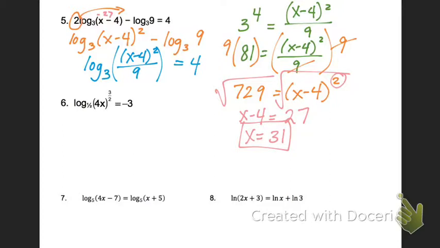Okay, number 6, I've got 4x to the power of 3/2. This is kind of similar to number 2, in that, remember when we divided by 2? I bring this power out front.